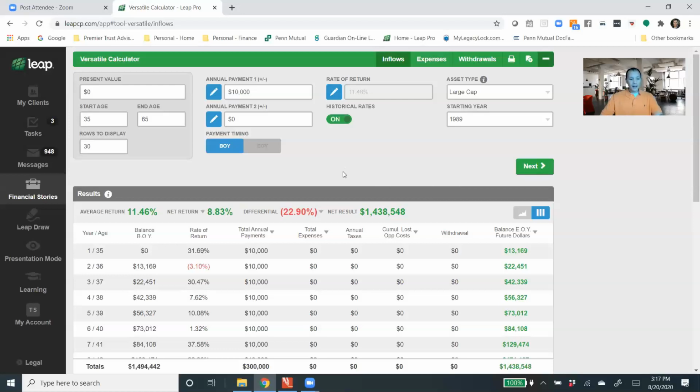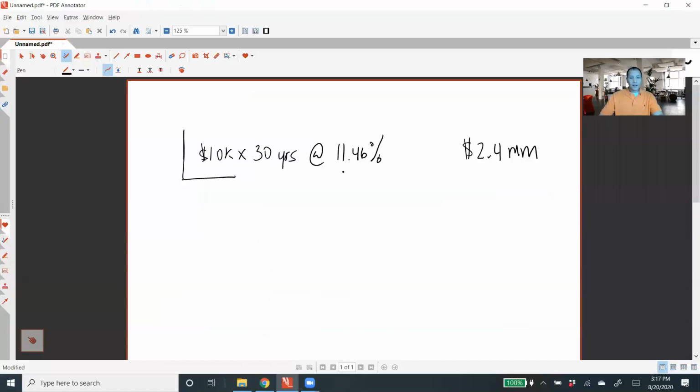And so in this scenario, your 11.46% actually turns into 8.83% rate of return. So now you're dropping to $1.4 million just because of the volatility of the market. And that's where losses can really, again, have a much bigger impact than most people may realize.